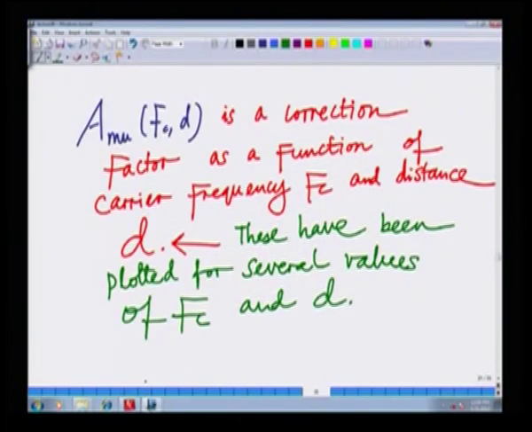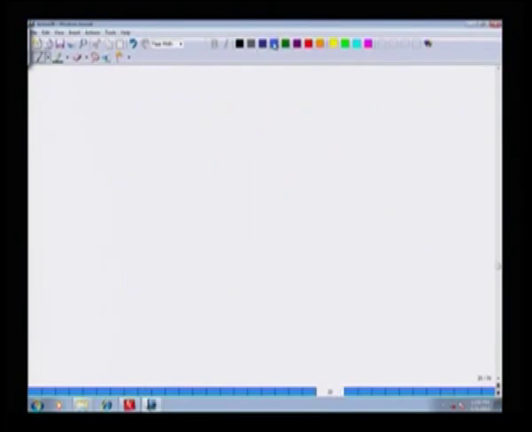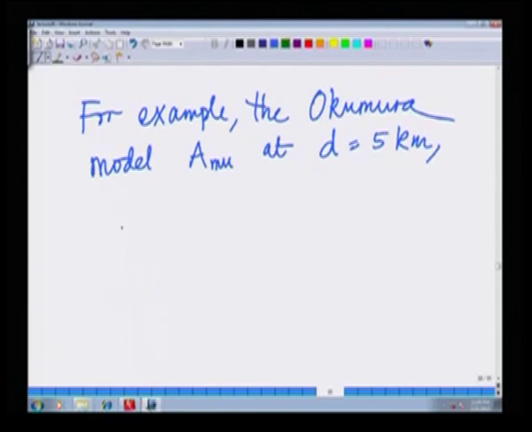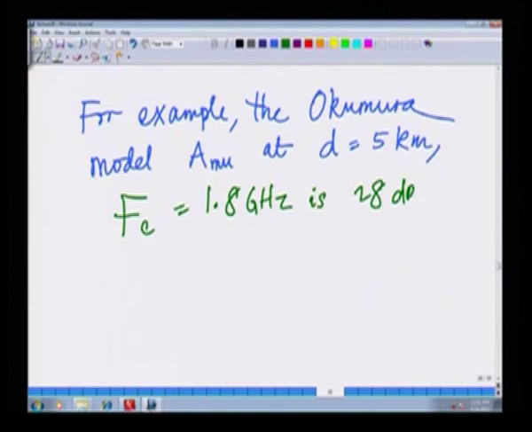Hence, for the Okumura model, A mu at d equals 5 kilometers and f c equals 1.8 gigahertz is 28 dB.